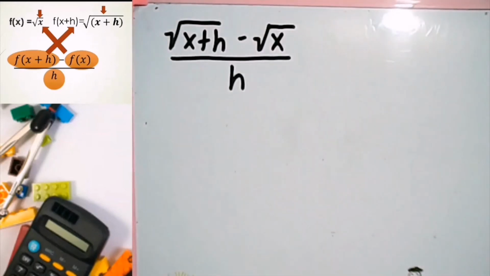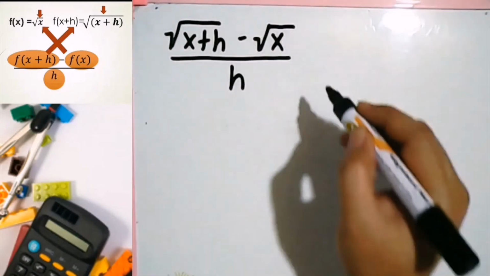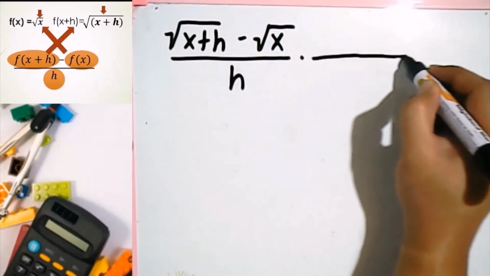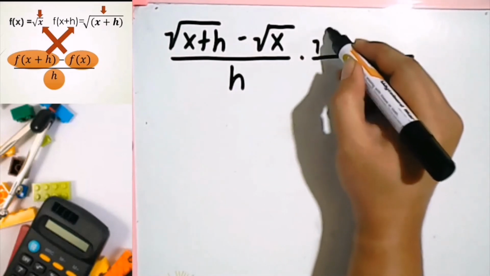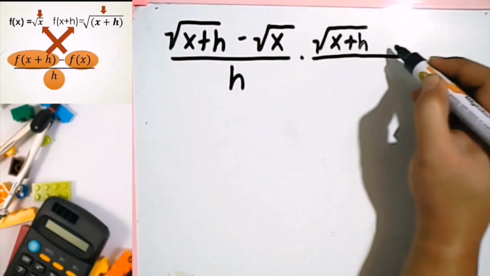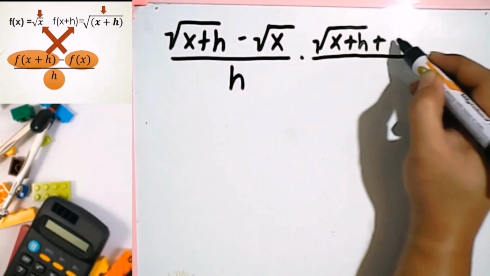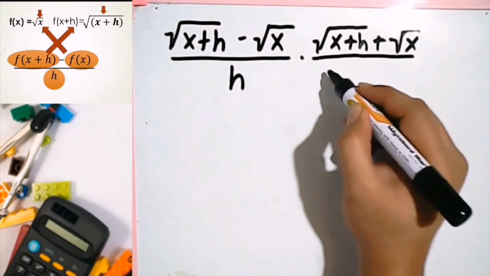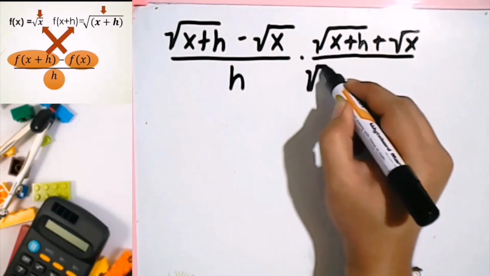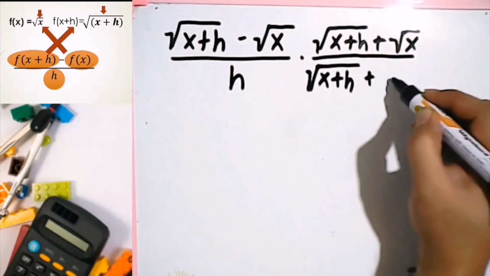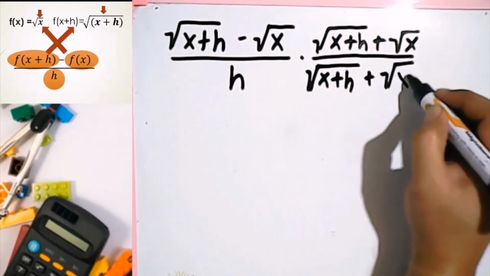Now, for us to solve this one, we need to multiply the numerator and the denominator to square root of x plus h plus square root of x all over square root of x plus h plus square root of x.